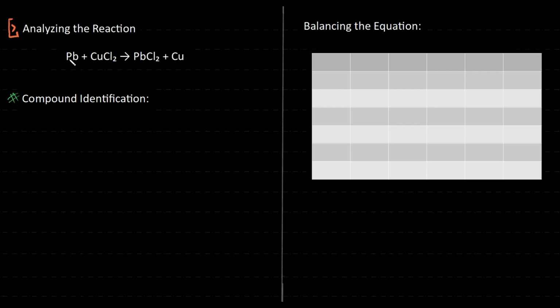We are looking at a displacement reaction wherein lead is displacing copper. First things first, let's identify who is involved. So we have lead, and this is your copper chloride.